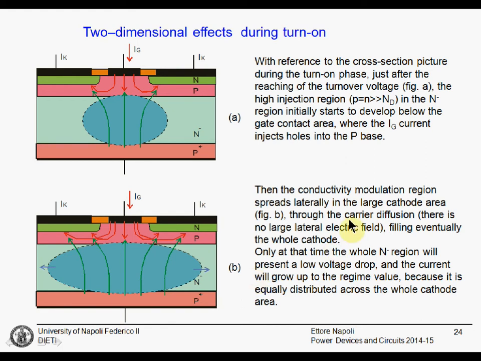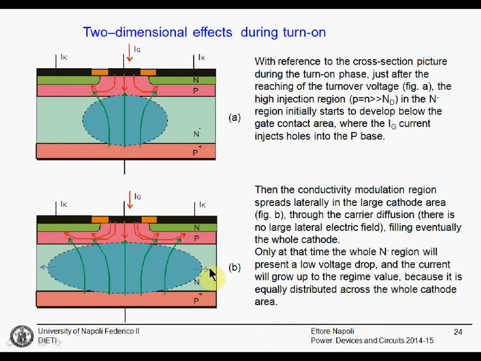This spreading of the carriers is just carrier diffusion. The electric field in the lateral direction is very small. The voltage is between anode and cathode. This means that there is no large electric field in the lateral direction.